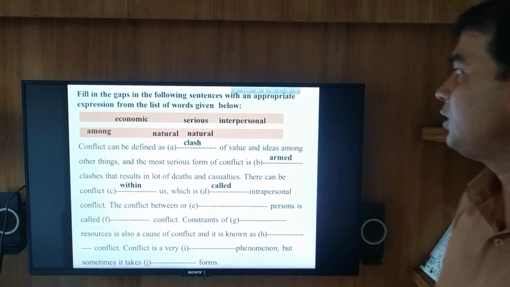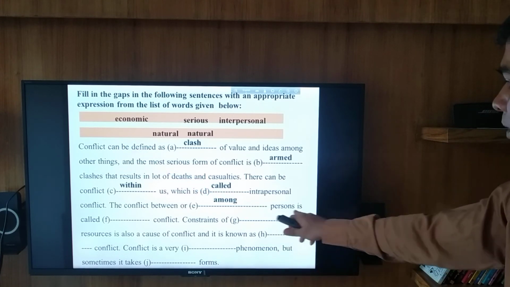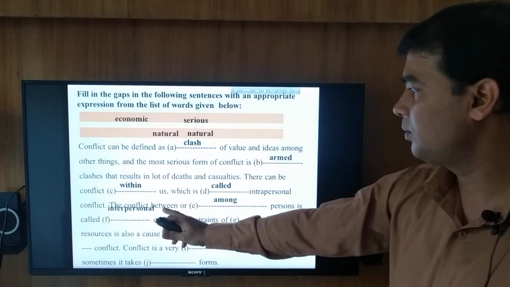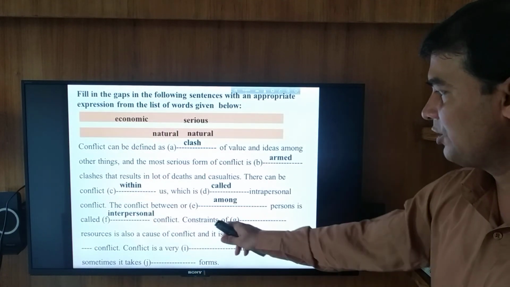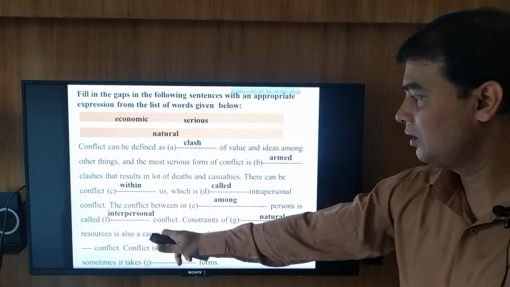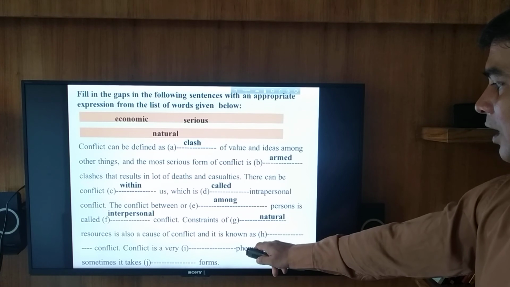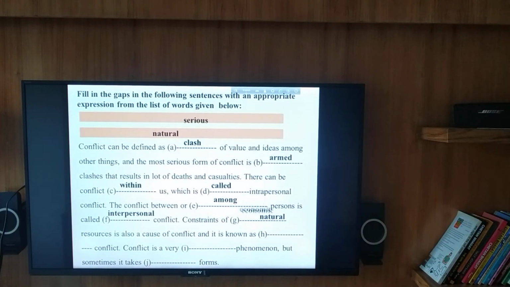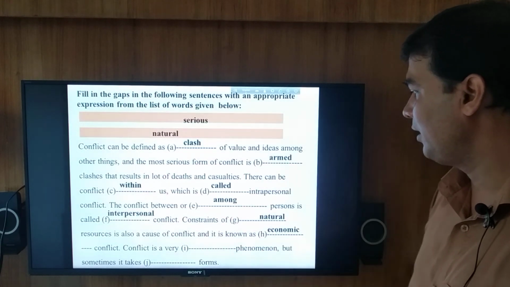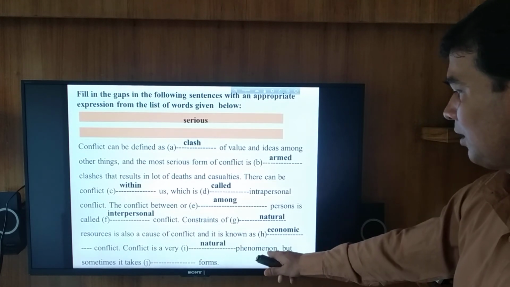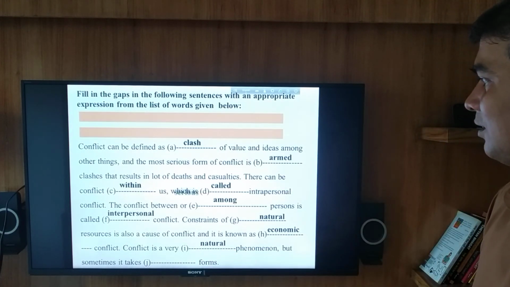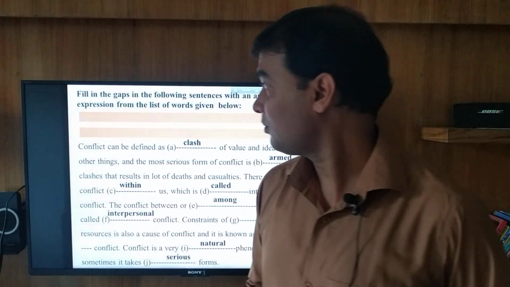The conflict between or among persons is called interpersonal conflict. Constraint of natural resources is also a cause of conflict, and it is known as economic conflict. Conflict is a very natural phenomenon, but sometimes it takes serious forms.